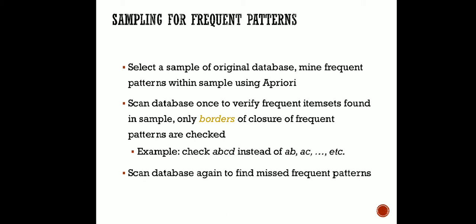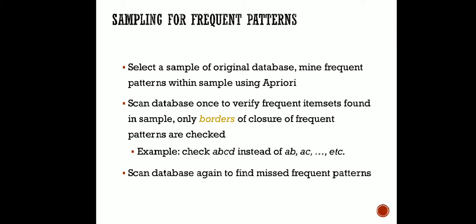It will already cover AB, AC, AD, BC, BD and CD, right? So instead of checking all these patterns, if we check ABCD totally, all of them get checked automatically, right? But it is not possible without applying Apriori to the sample database, because if we cannot come up with the frequent pattern from that sample database, how are we going to check it?